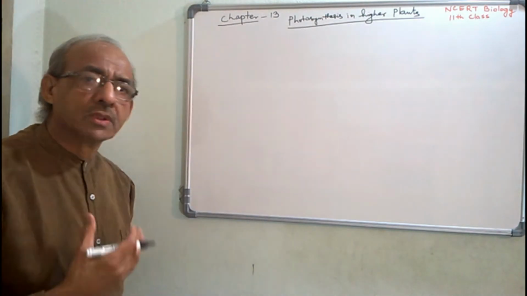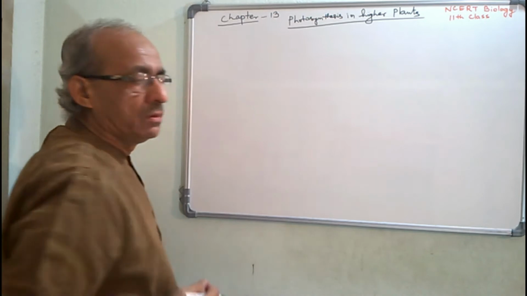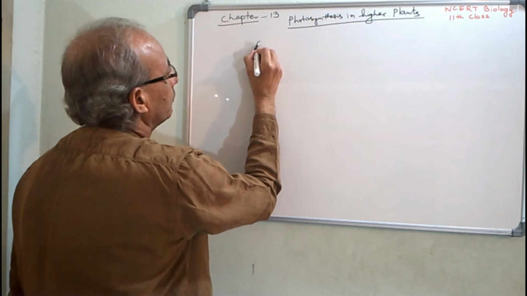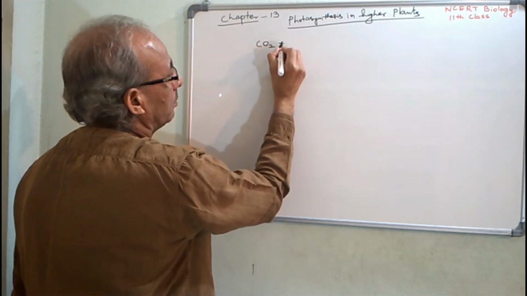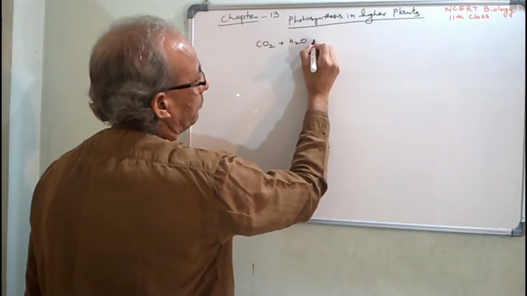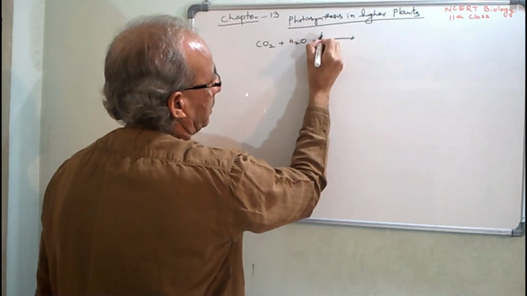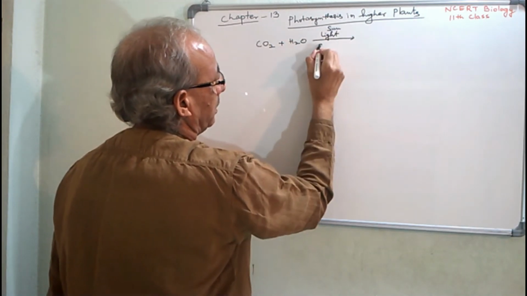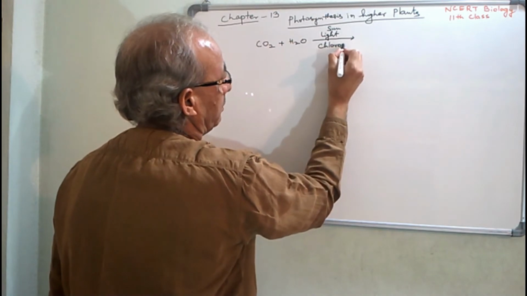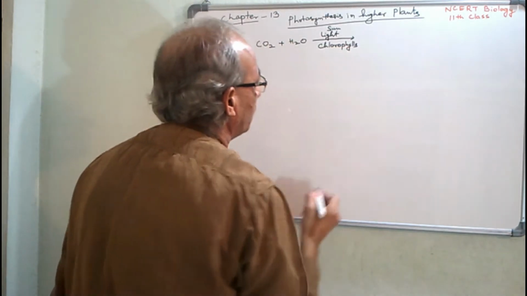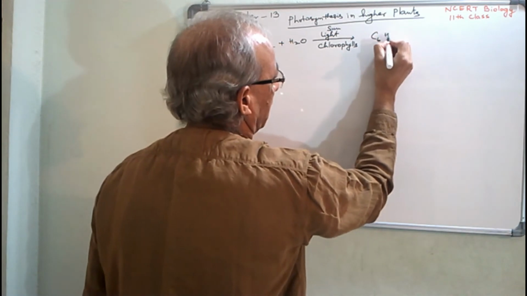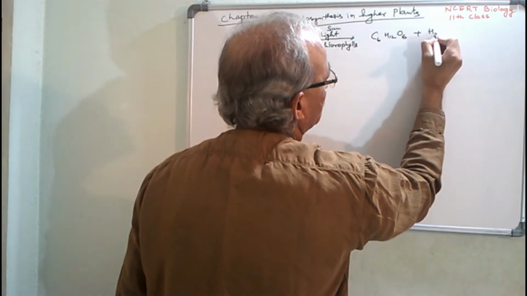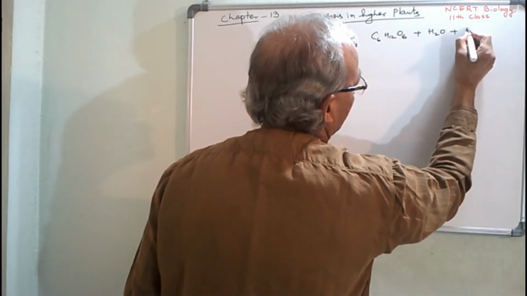As well as you know the simple formula of photosynthesis, that is CO2 plus H2O, in the presence of sunlight and chlorophyll, gives C6H12O6 plus H2O plus O2.